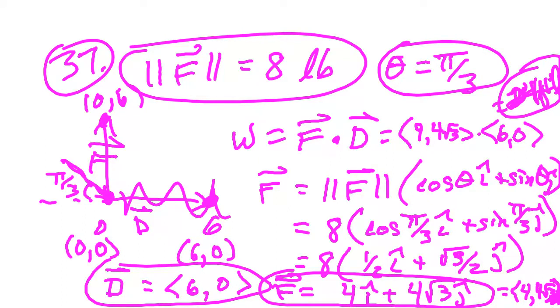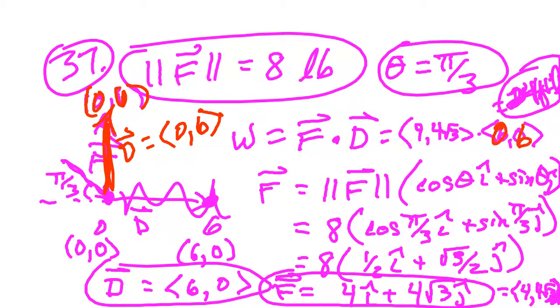So this displacement vector up to 0, 6 would be the 0, 6 vector. Basically the only thing that changes is this would be 0, 6. When you dot product this, we're going to have the same force vector, but it'd be 24 root 3. So the work done vertically would be 24 root 3 foot-pounds.